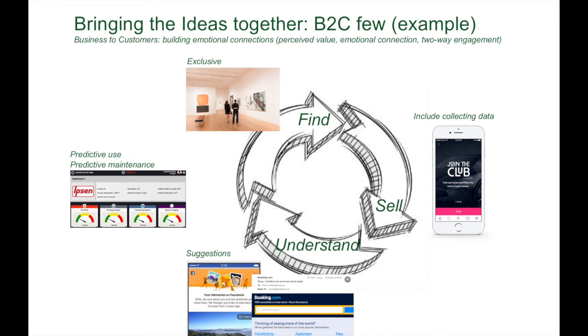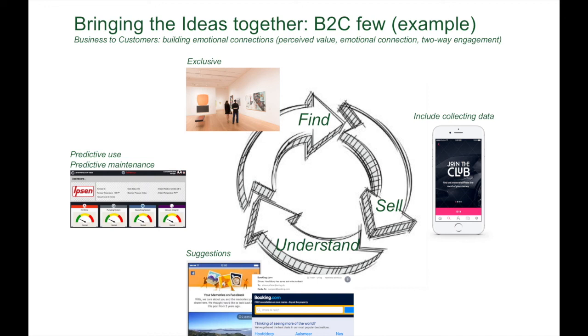But if I only sell to a small group of people, a more exclusive circle of people that I want to connect to and hopefully reconnect with, I think in this example it's more a cycle to find the right customer, to sell to them, and then to constantly understand in order to find the next sweet spot where I can sell to them again.